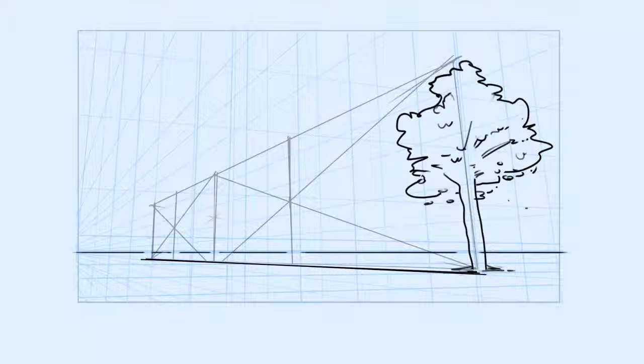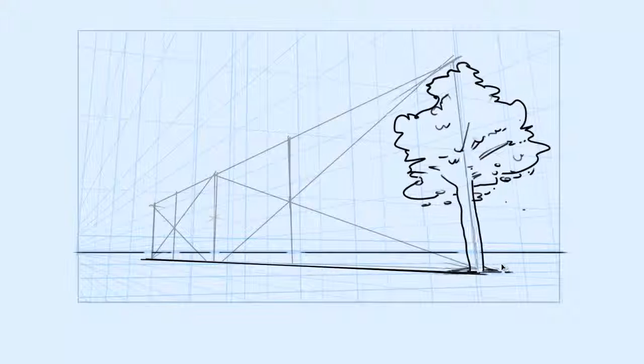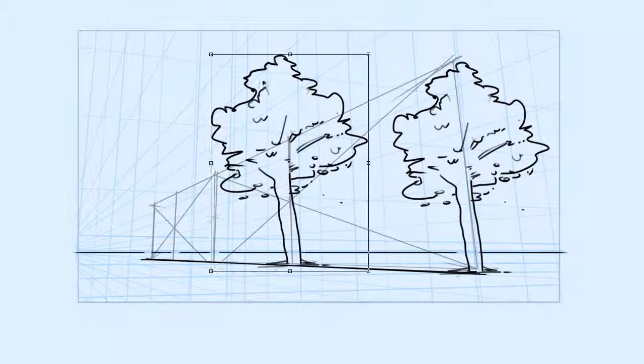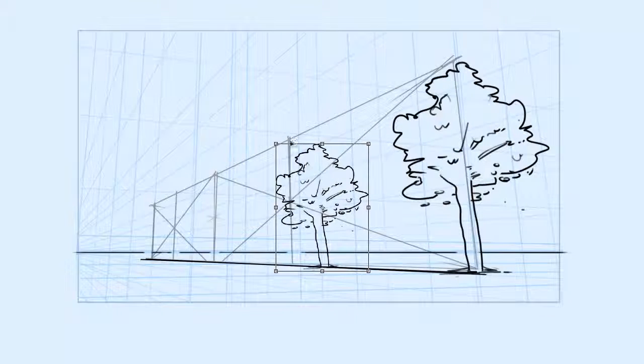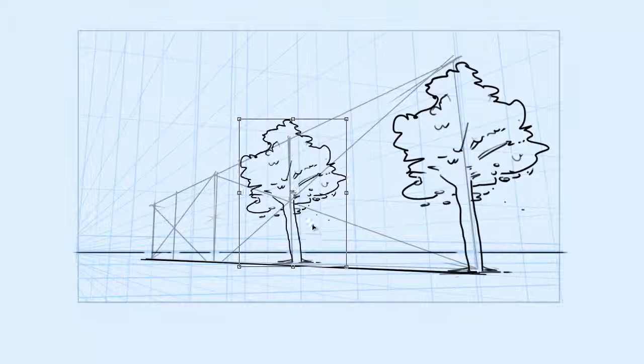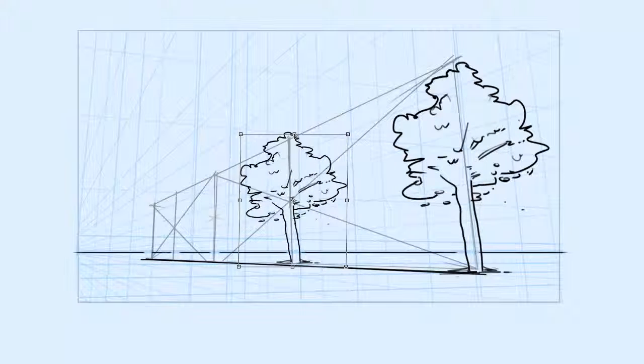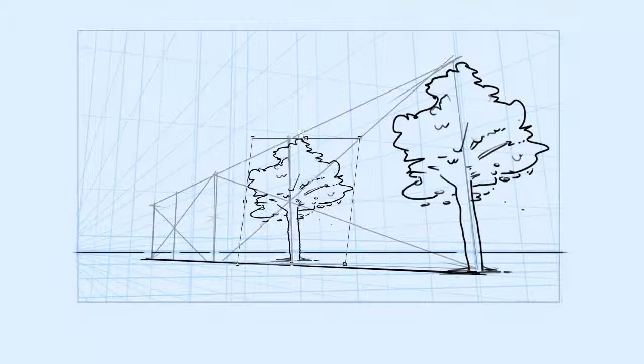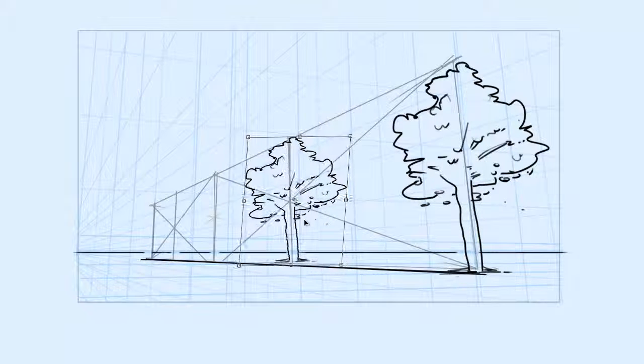I'm going to show my tree again. Now I'm just going to duplicate. Although you would probably draw these individually, but just for the purposes of demonstration, I'm going to save a little time by duplicating. And then I'm going to distort to make sure that they are pointing the correct vertical direction, so they're in 3-point perspective.